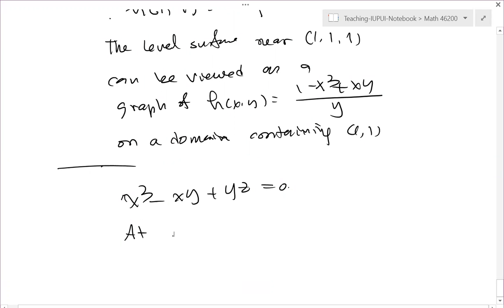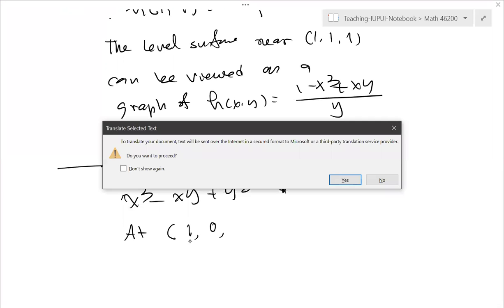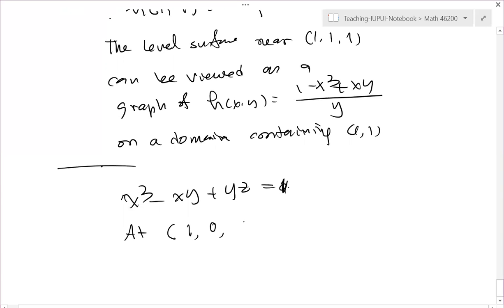When y is 0, x is going to be 1, and z can be any value. z can be, let's say, 1 or 2, doesn't matter.